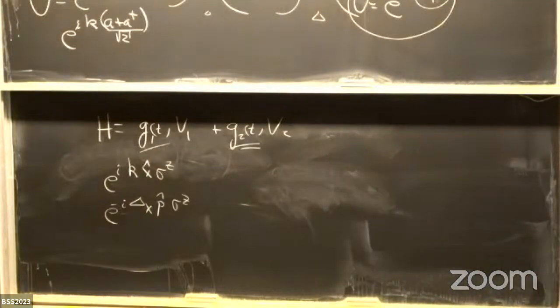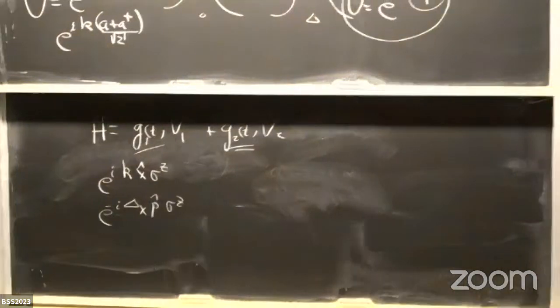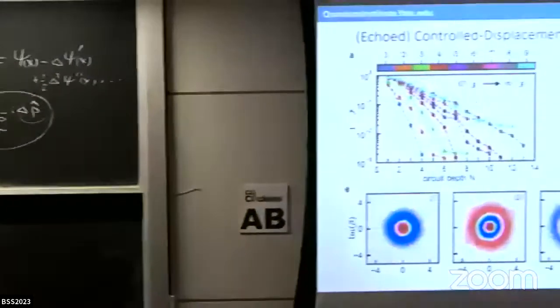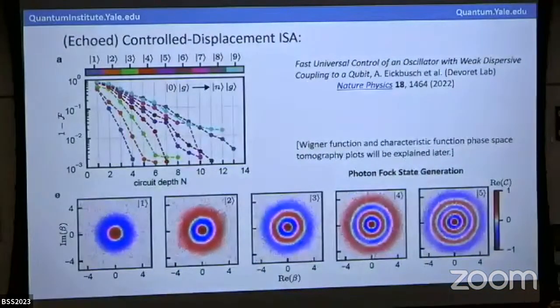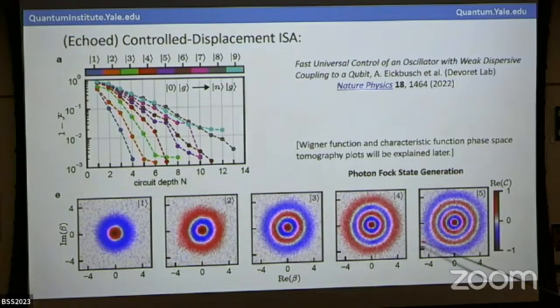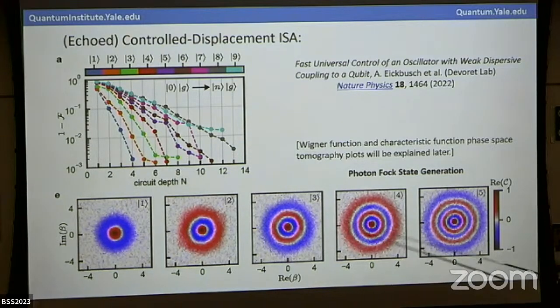Okay, so in this paper, they strung together sequences of controlled displacements and qubit rotations, and they made Fock states. 0, 1, 2, 0 you get for free if your fridge is cold. 1, 2, 3, 4, 5.